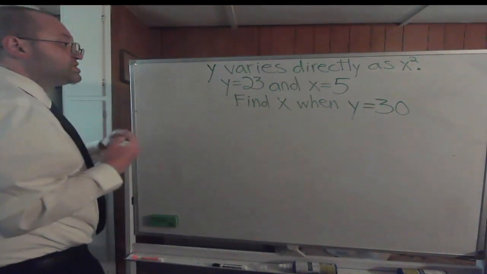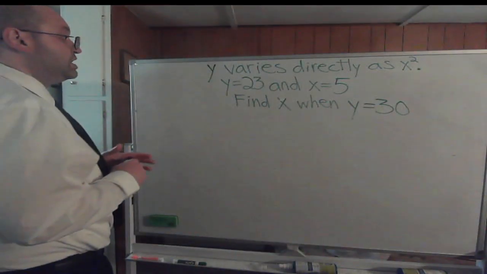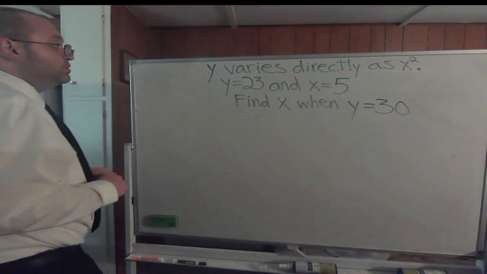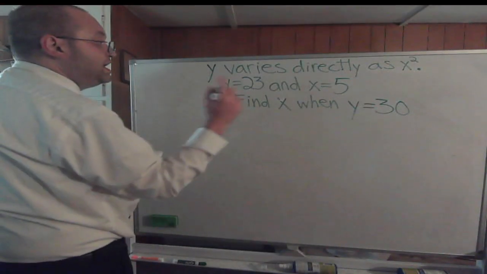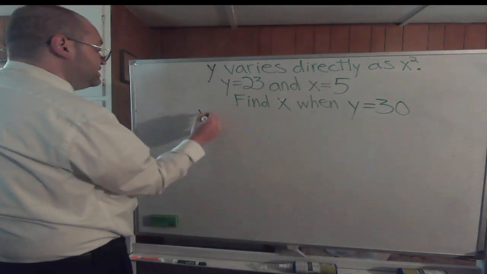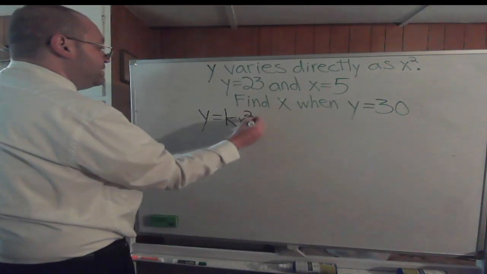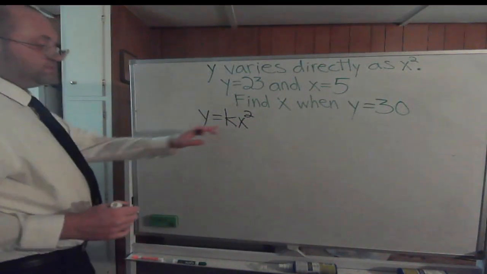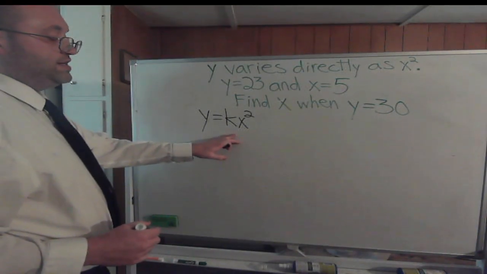So it's going to be a little bit different. Now, we start with y varies directly as x squared. y varies directly as x squared, so that's going to mean y equals k x squared. So that's your first initial equation of variation for direct variation.